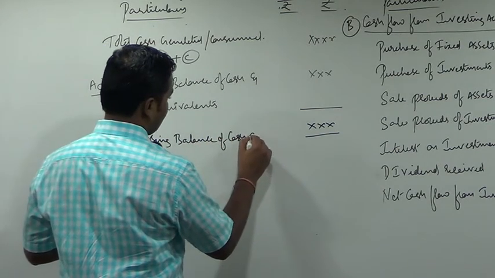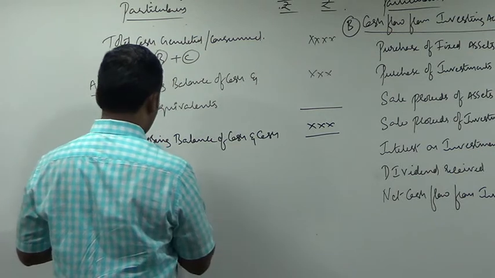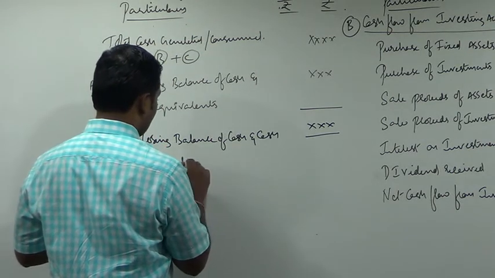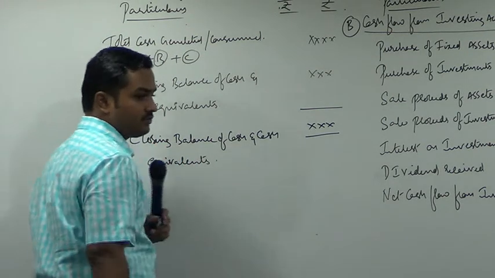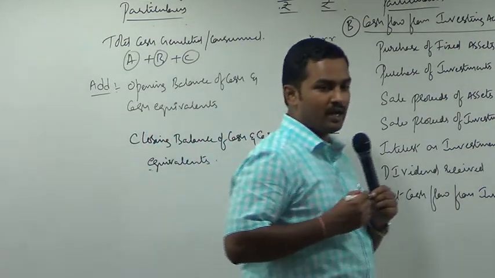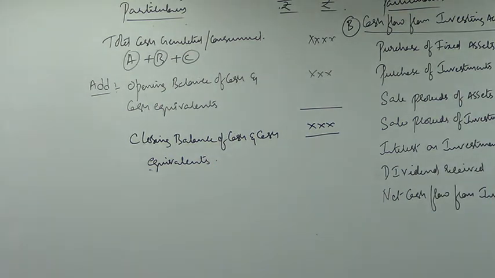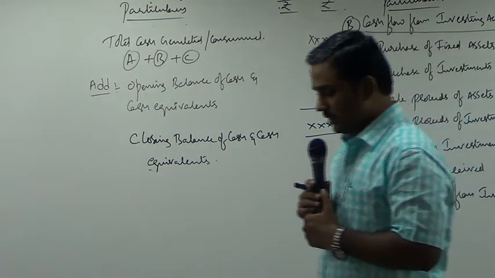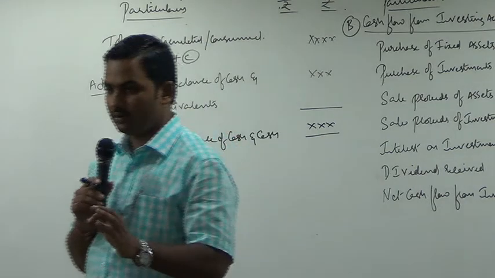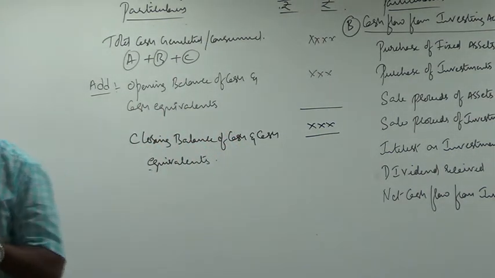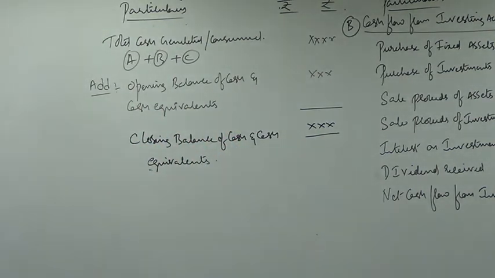What do you mean by cash equivalents? Bank balance will come under the meaning of cash. Cash equivalents are short-term, highly liquid investments where, when you dispose of the investments, you know how much amount you are going to get. There are no wide fluctuations in the value of those investments and they are highly liquid.